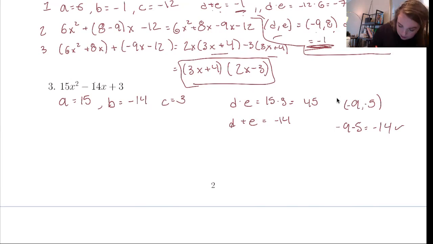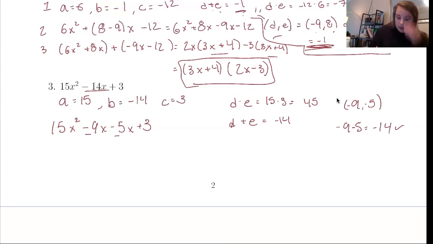So we'll go through again. We got 15x squared, and you can choose minus 9x, minus 5x. It's up to you. Plus 3. I kind of already did one step where I plugged in for negative 14x, negative 9 minus 5, and distributed the x.